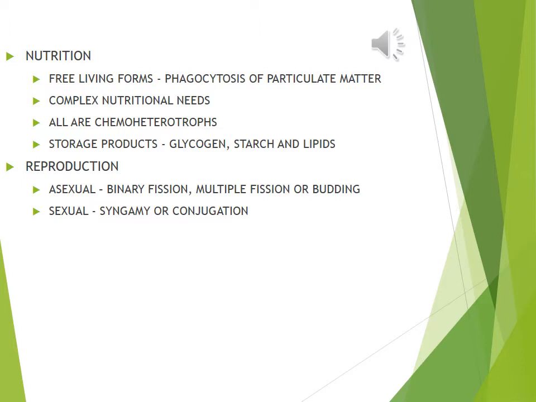Okay. Cytoplasm is differentiated into two types, ectoplasm and endoplasm. Ectoplasm is the outermost layer, which is a gel-like substance, and endoplasm is the inside layer, which is voluminous and fluid in nature.